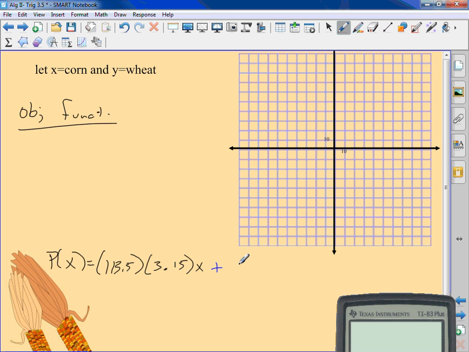What does it tell me in the first paragraph? 35.8 bushels. $4.45. P of X equals. Now just do a little bit of math there. What's 113.5 times 3.15?